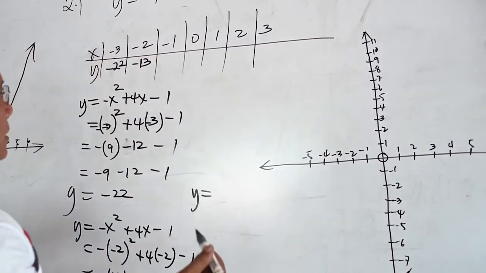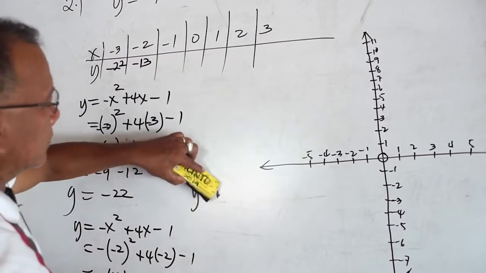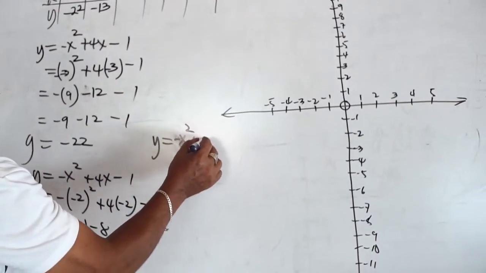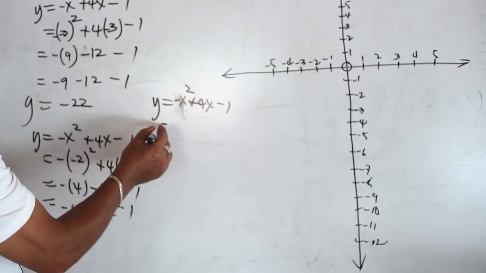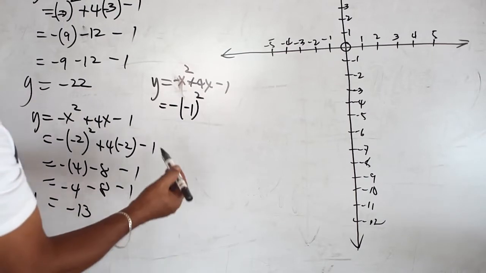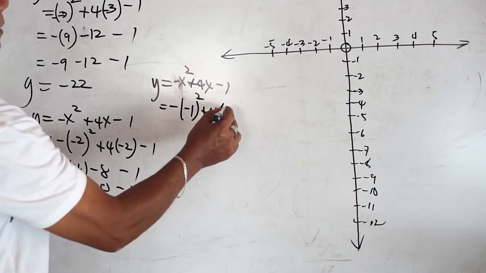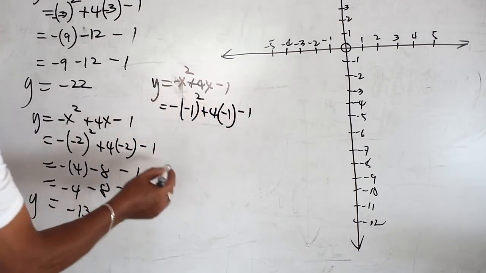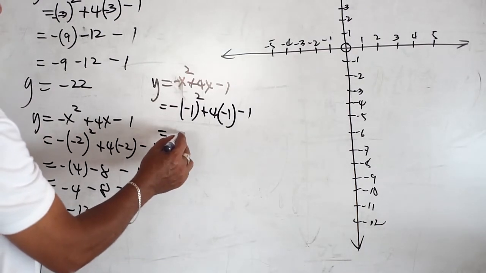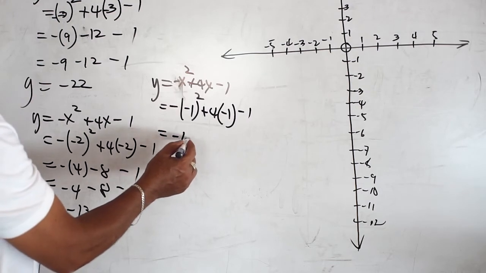The next, if the value of x is negative 1, we have negative x squared, positive 4x, then negative 1. So negative 1 squared, then positive 4 multiplied by negative 1, then negative 1. The square of negative 1 is 1, so negative 1. Then multiply, that is negative 4.